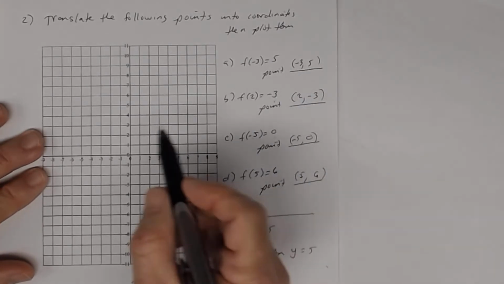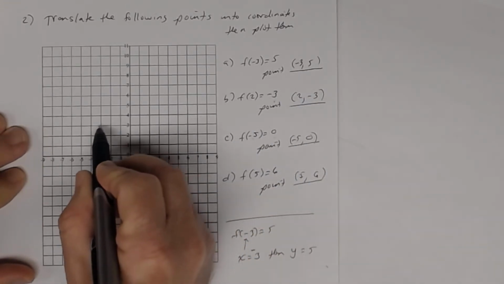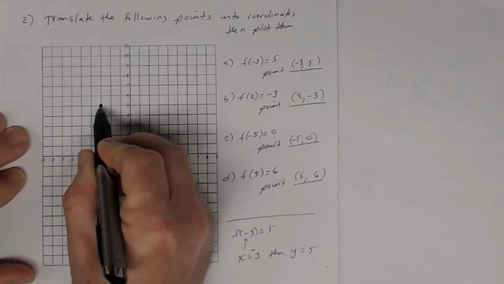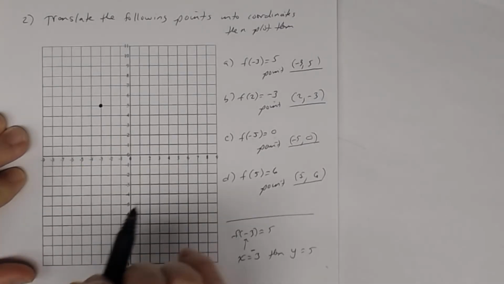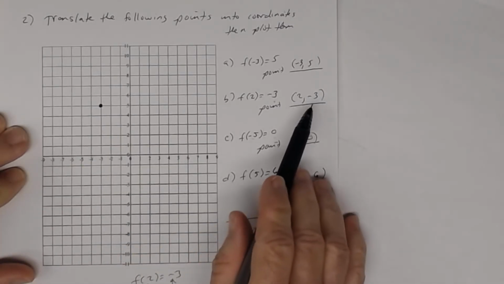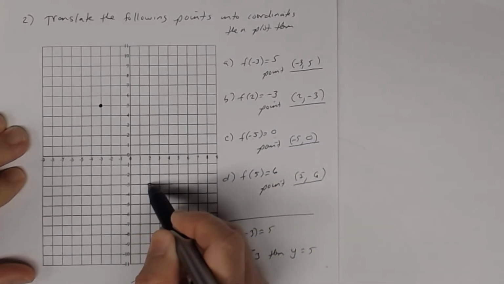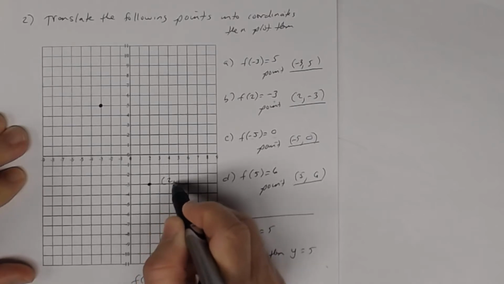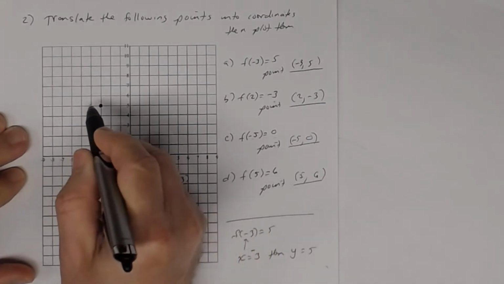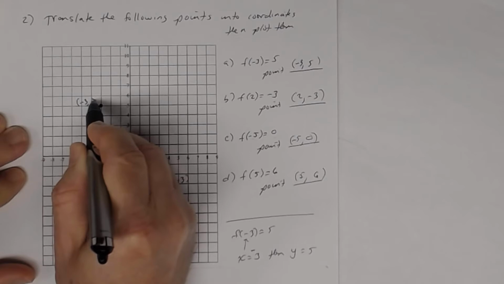I want to see 4 points being plotted. So (-3, 5) is in the second quadrant, so that's here. Just put a dot there. And then (2, -3) is in the fourth quadrant, right here. So there's (2, -3), and this was (-3, 5).